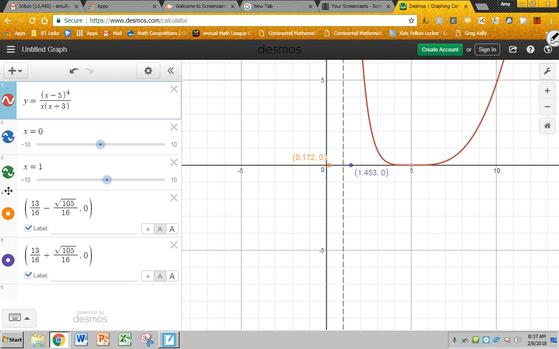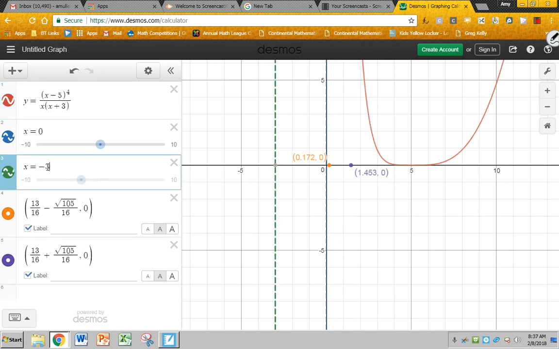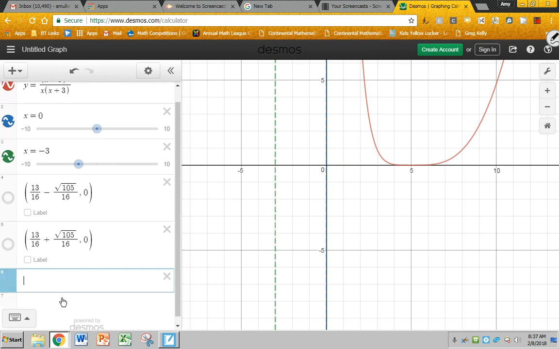And 0 is one of them, and negative 3. And our zero for this is just 5.